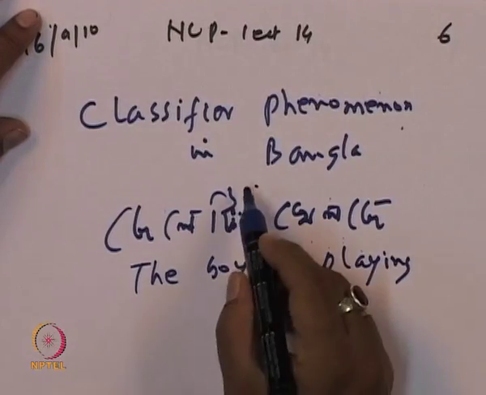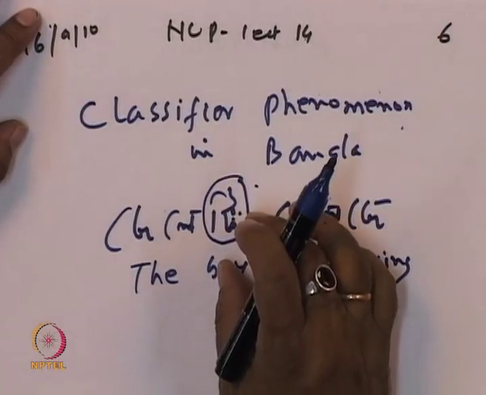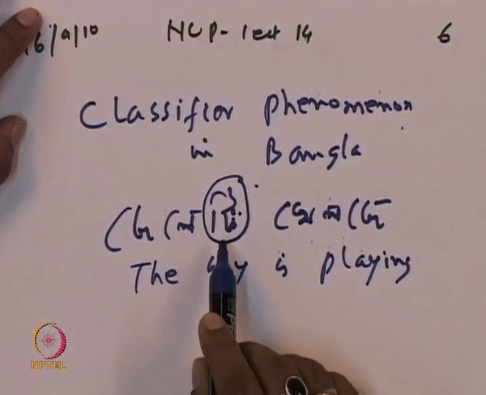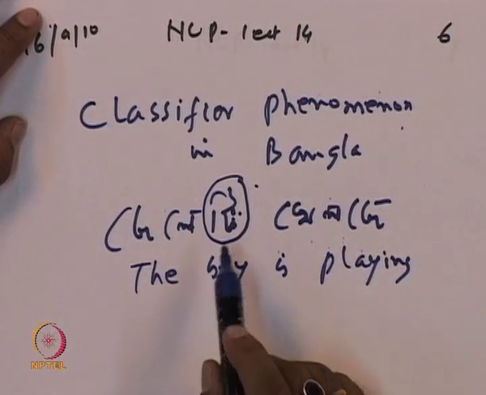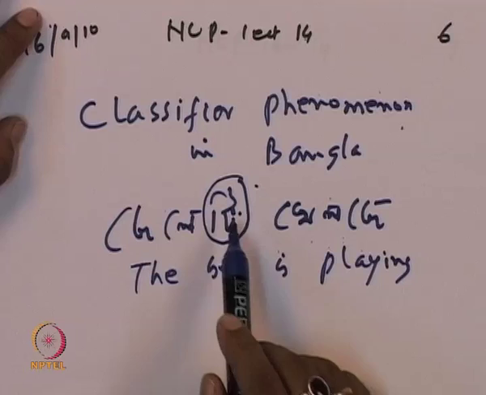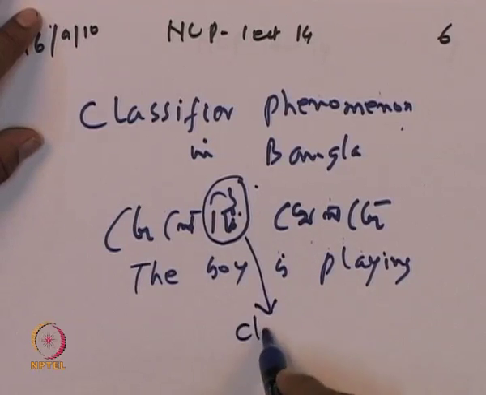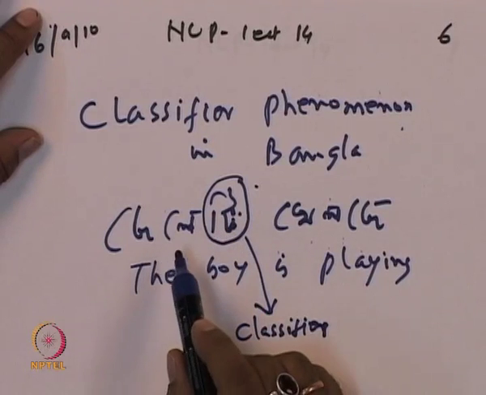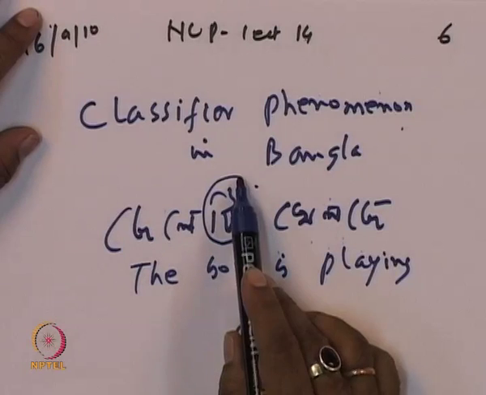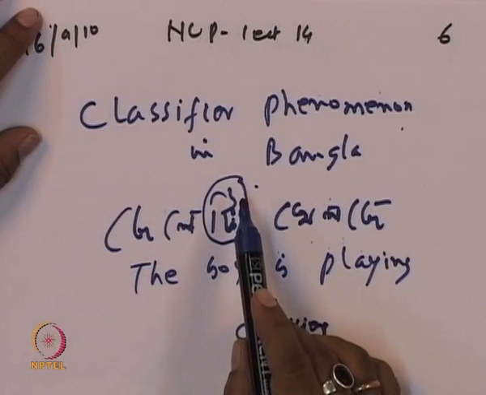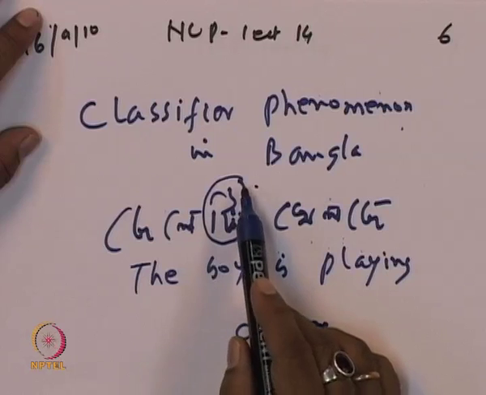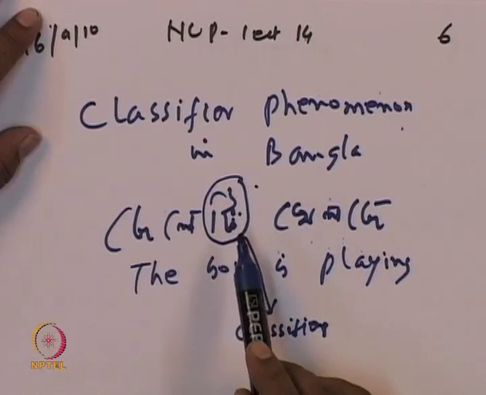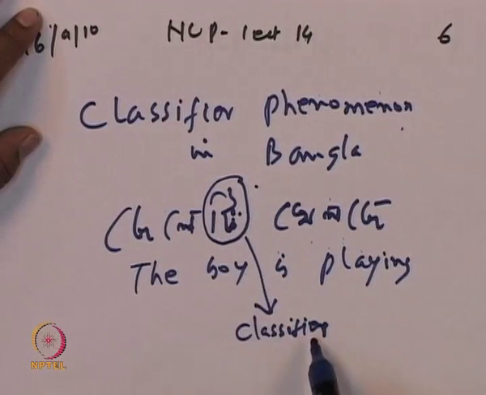Okay. This T is an interesting language element which has a definite role to play. T is called a classifier, it denotes a particular boy. Okay. So, it can be looked upon as a discourse identifier, it is a discourse particle, and this identifies a particular boy, it is a classifier.